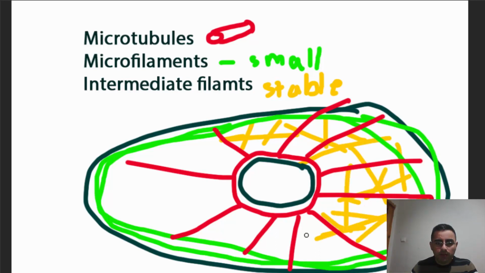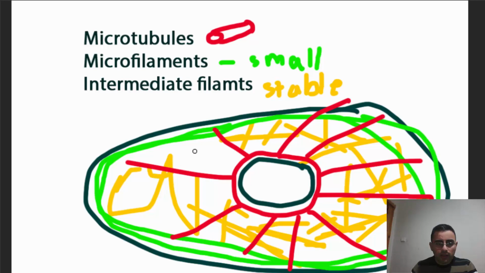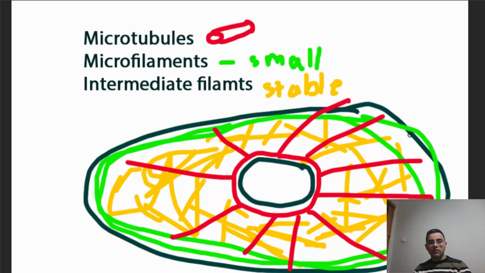More stable structure, and these intermediate filaments give the cell its shape and its rigidity and its unity, so it's very important.